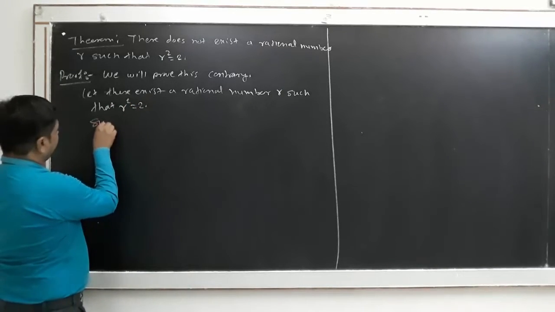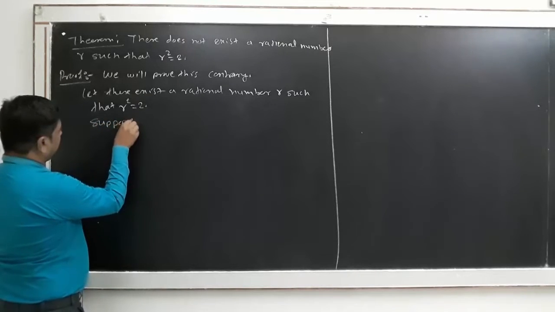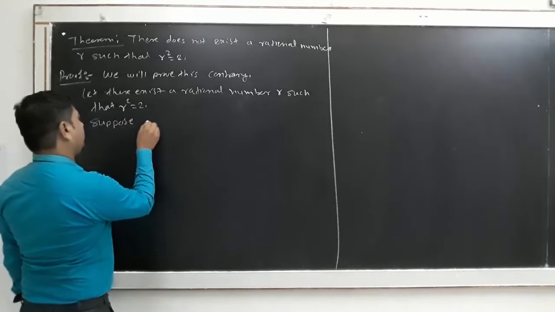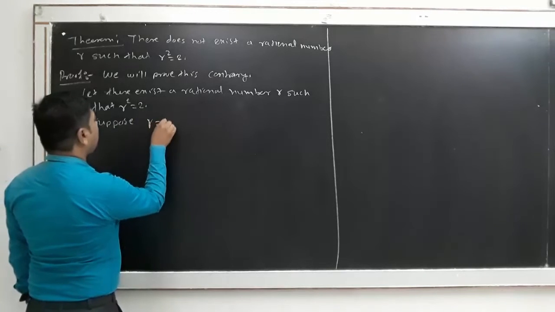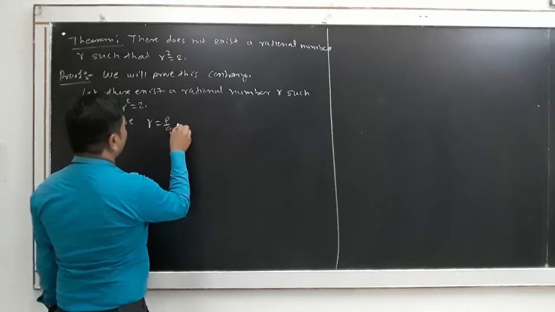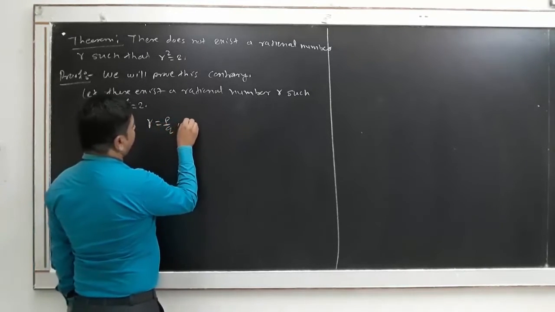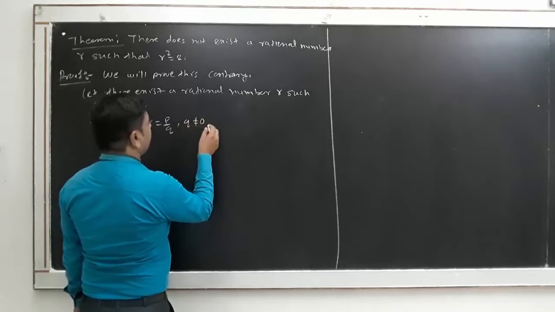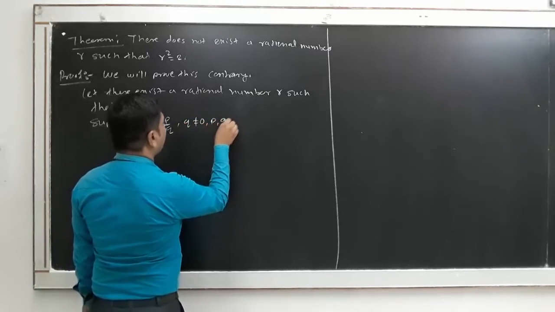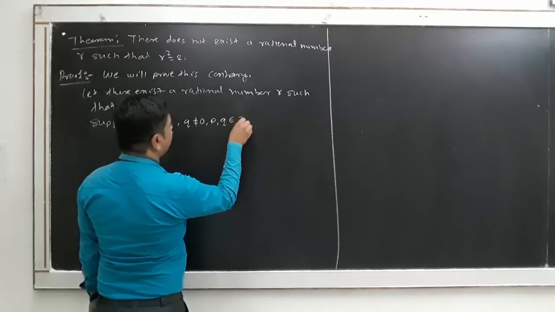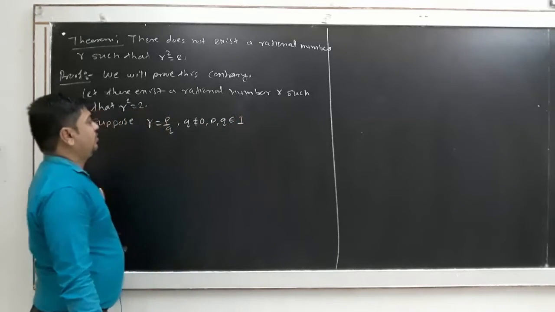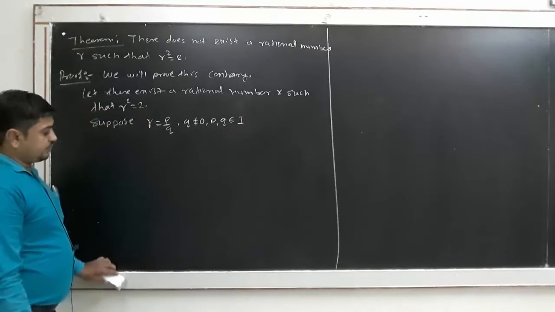Suppose R is equal to P by Q, with Q not equal to 0 and P and Q integers.